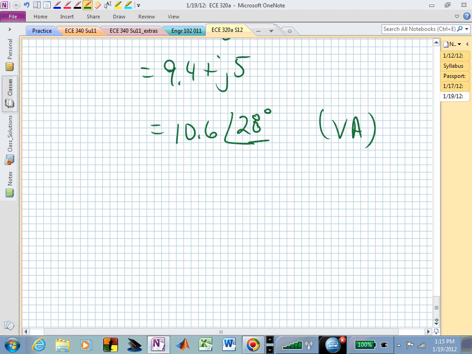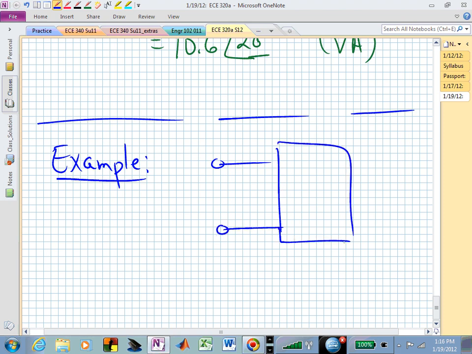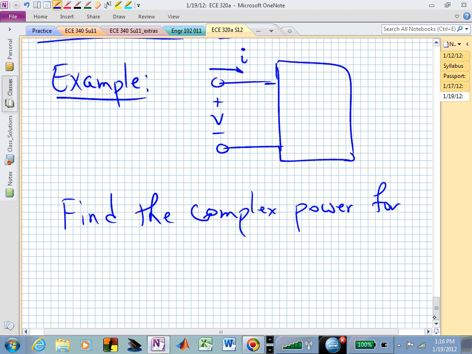Let's look at basically your first homework problem, I think, which deals with a generic element where you're given the voltage and the current in the time domain and asked to find the complex power for this element.